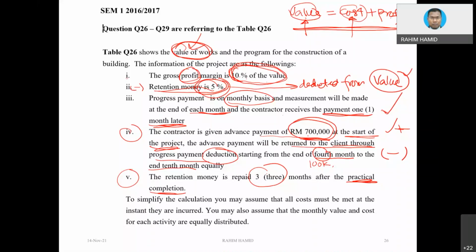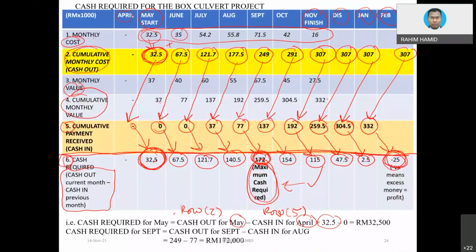If this is being released, meaning to say it will go into the contractor account as payment received. But most of the time, because it is being released after the practical completion, it will not affect the calculation so much, because our intention is to figure out the maximum cash required. And normally, the maximum cash required would happen somewhere in between. It will not happen at the end of the project.